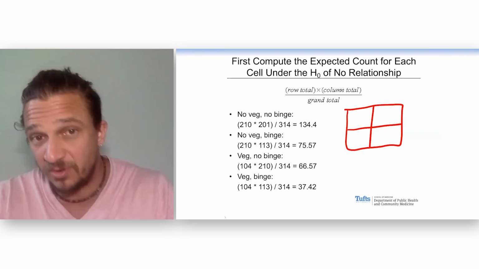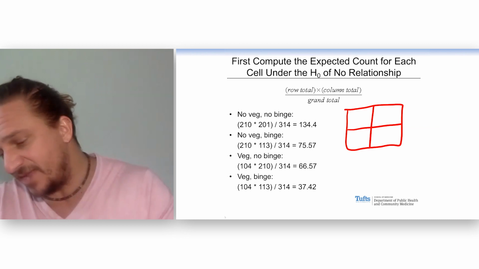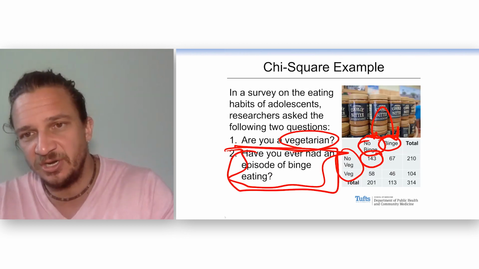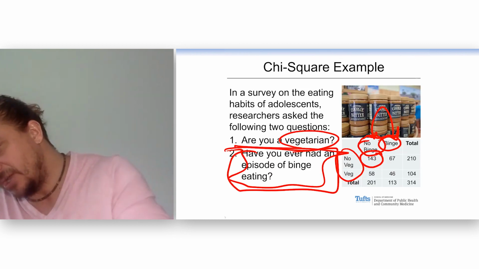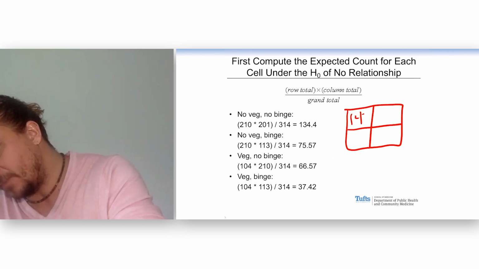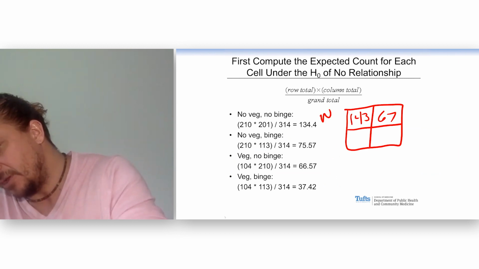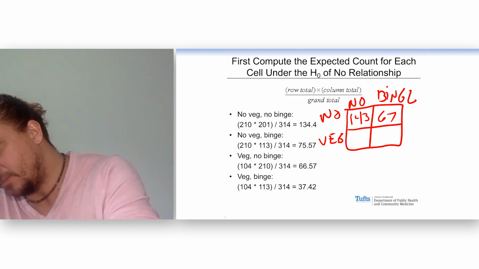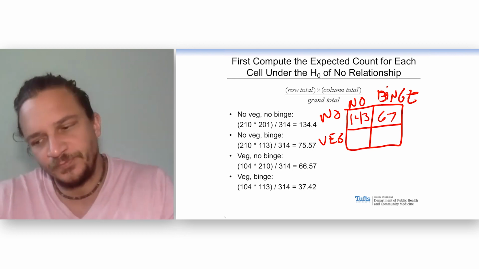The expected count. So I'm going to go back and we're going to populate that table. No veg and veg, no binge and binge. So 143, 67, no veg, no binge. Right?